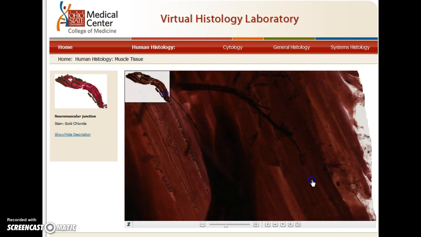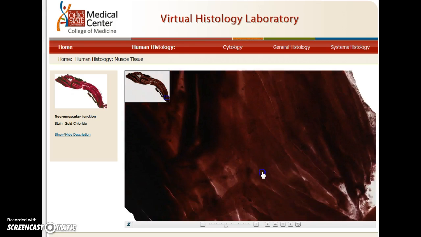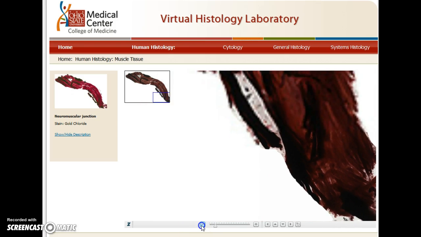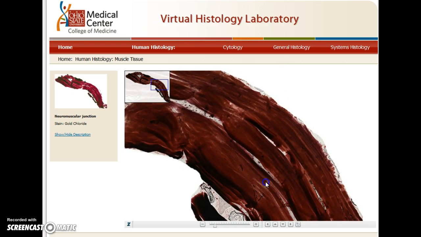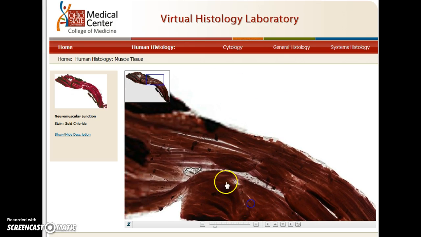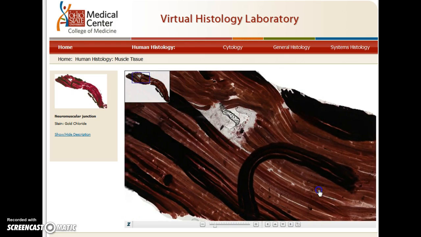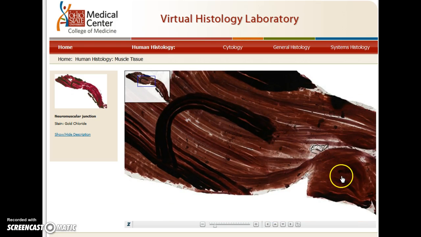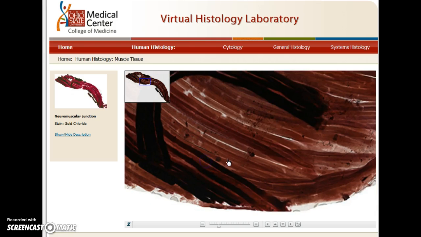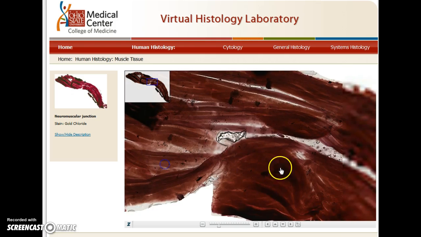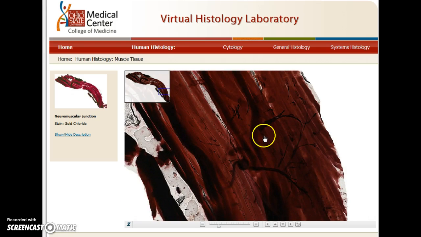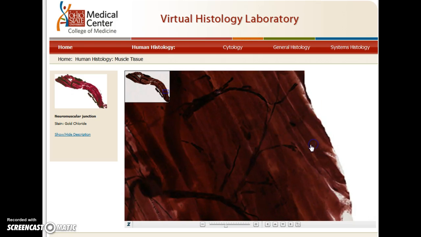And then let me look for a better place here so that you can see the actual neuromuscular junction, because that's where the 2 interact. This will be okay.